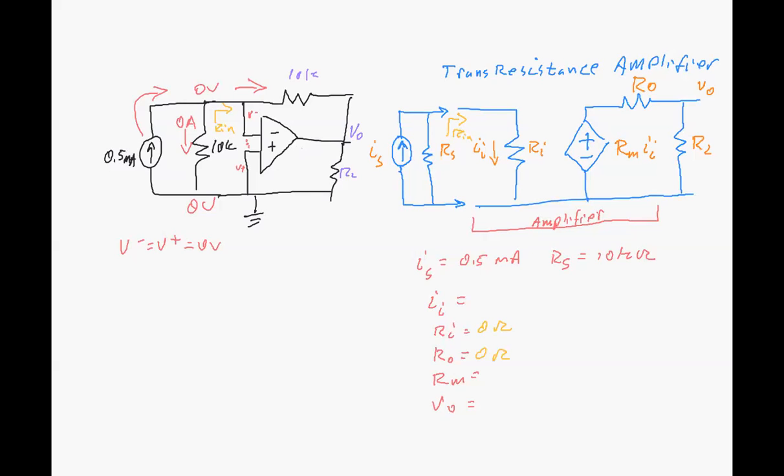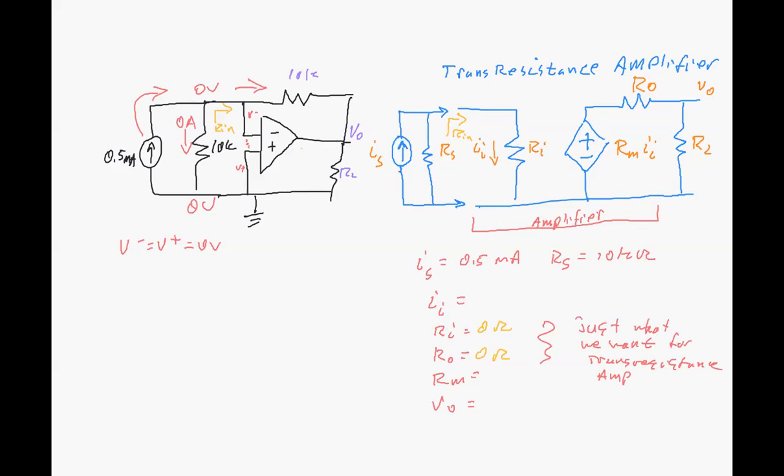So Rin and Rout equal 0, and that's exactly what we need for a transresistance amplifier. That's what's needed. So an op amp achieves that with negative feedback, of course.